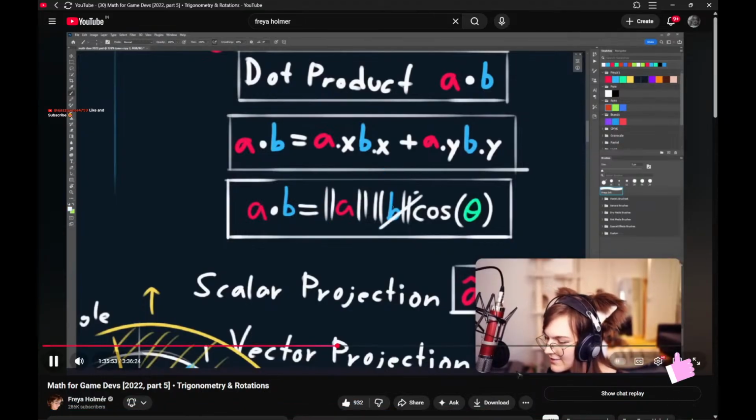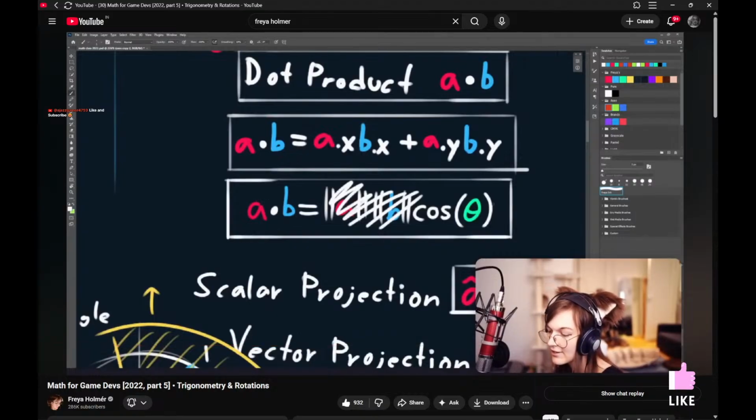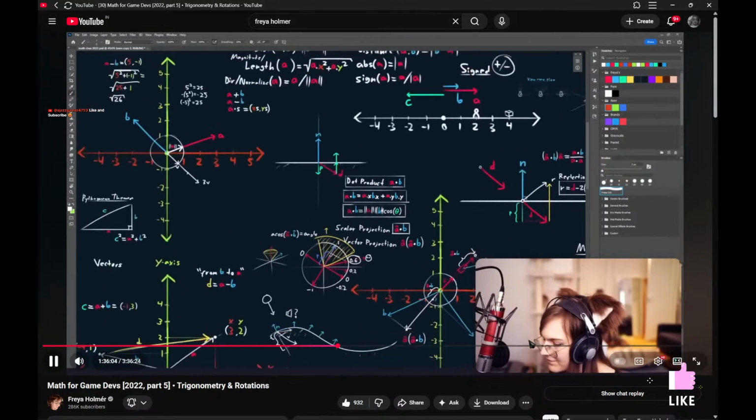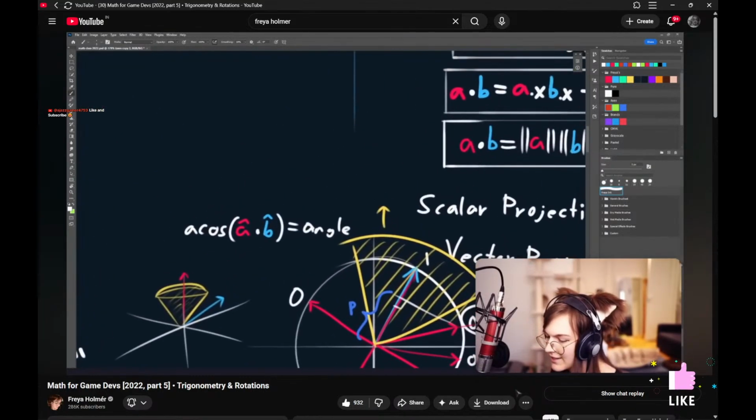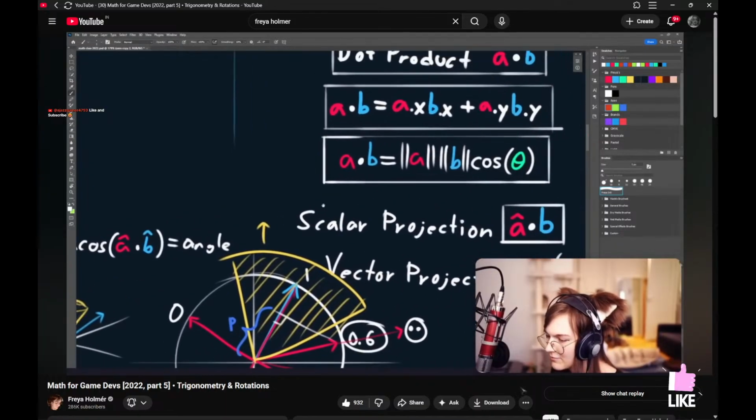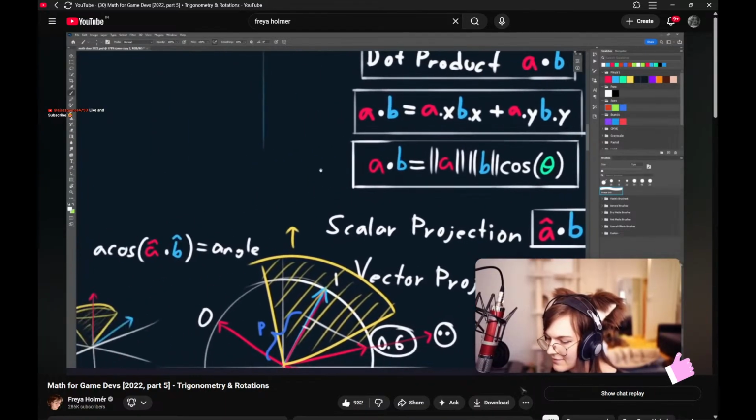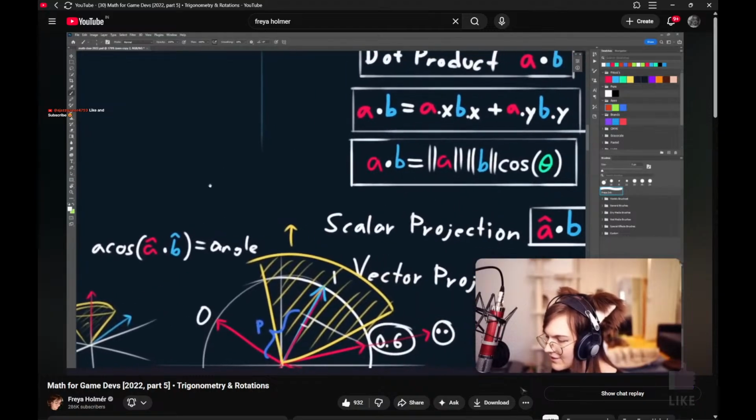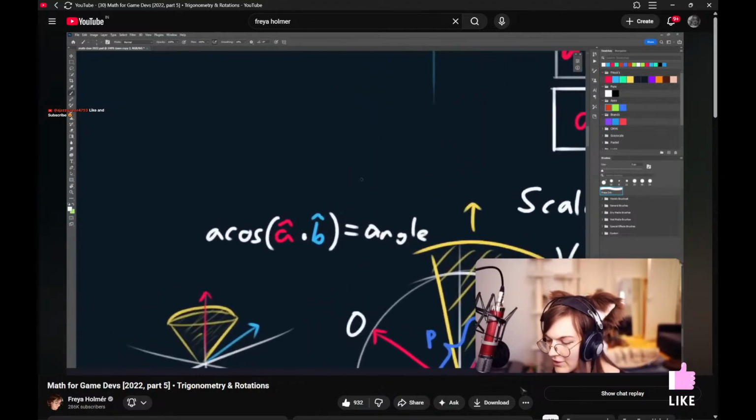If these are normalized, then A dot B is just the cosine of the angle between them, which is super useful. That's why we can use this to get the angle. Because if A dot B equals the cosine of the angle, we do the arc cosine on both sides, and then we get the angle theta out of this.